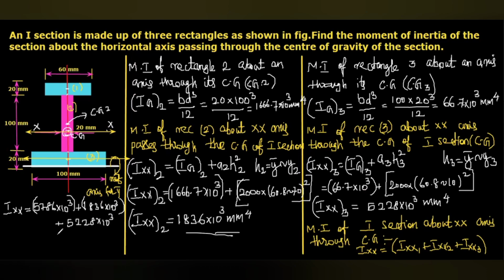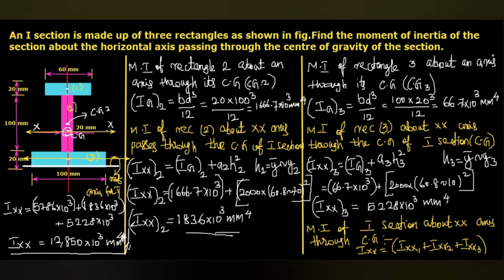When you add all the values, finally Ixx equals 12,850 multiplied with 10 power 3 mm power 4. Okay, so this is the final required answer.